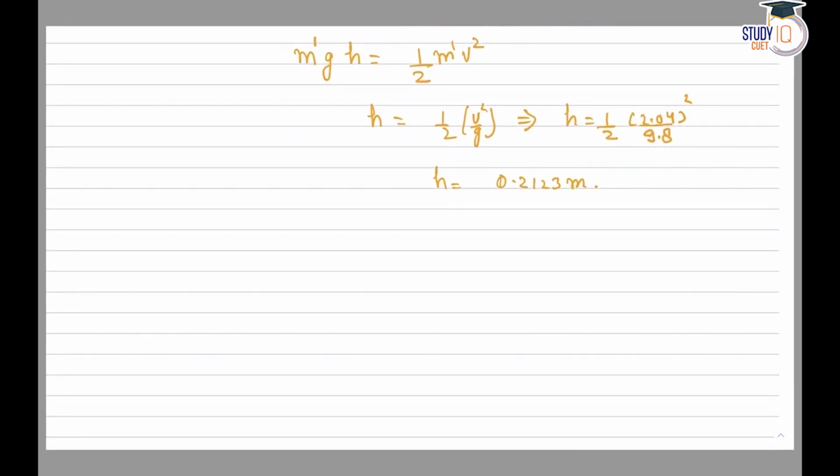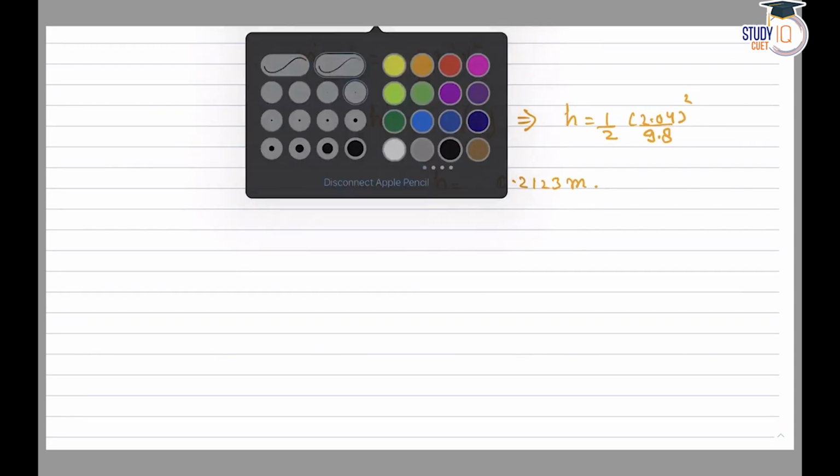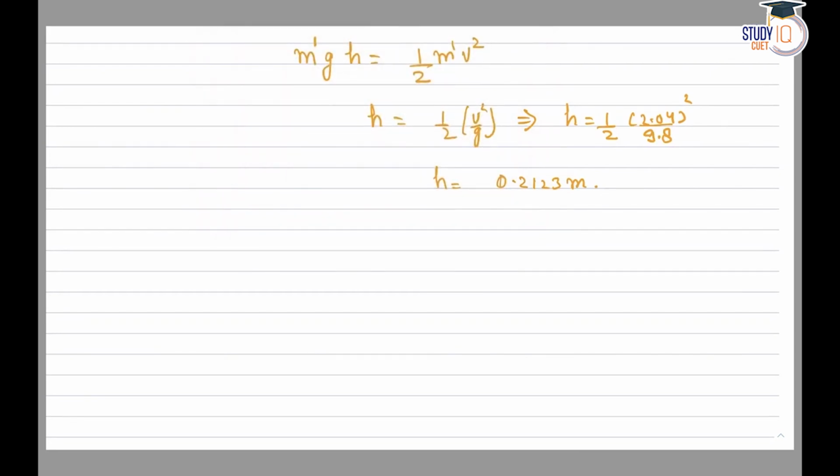Now the other part, which is the heat produced. The heat produced can be written as the kinetic energy before collision minus the kinetic energy after collision: the initial kinetic energy of the bullet minus the final kinetic energy of the system.